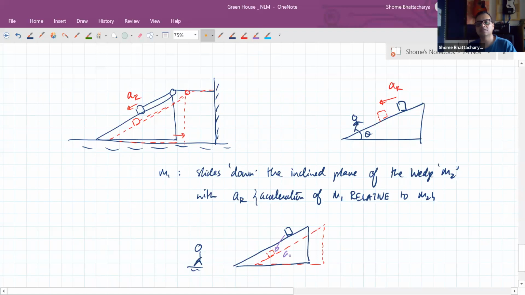This is the acceleration of M1 in the ground frame, so that is not going to be at an angle theta. That is another important thing to understand here.